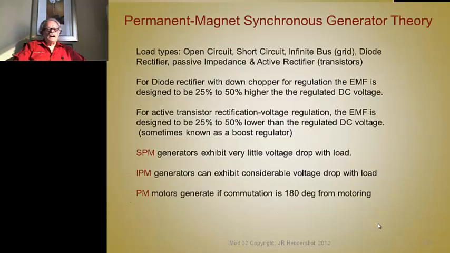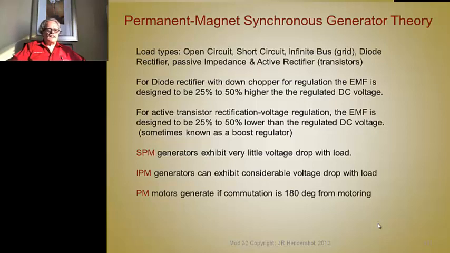There are different load types that generators see. Of course, there's open circuit voltage, then short circuit current, and then the infinite bus, which is like the grid. Then there's diode rectification with passive impedance, and active rectifiers.